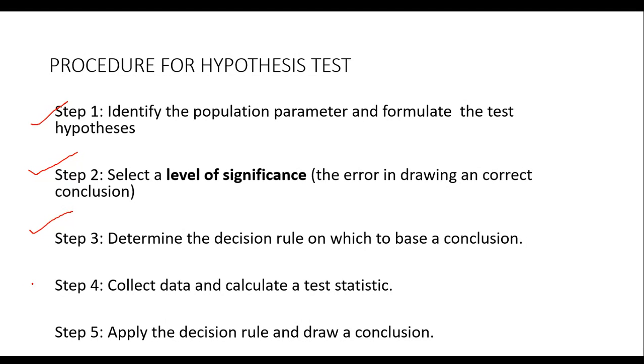Then we collect the data and calculate the test statistics. So next is collection of data from the sample, and we calculate the test statistics around the p-value or t-value or confidence level, and then on that sample we apply the decision rule to the test statistics.